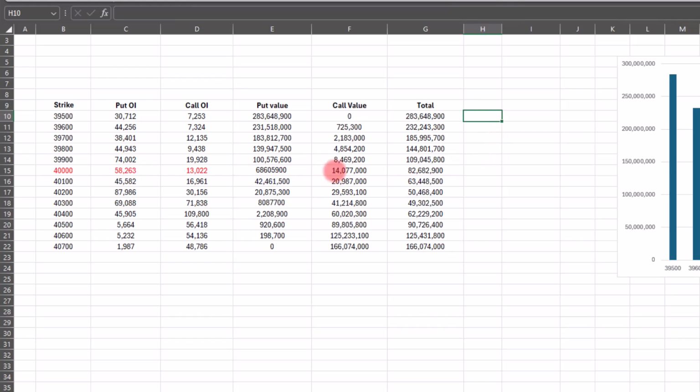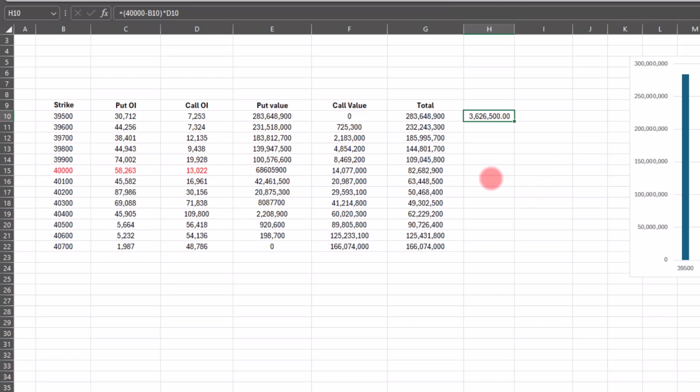So if the market's at 40,000 and you've got the 39.5 calls, what are they worth? Well, let's do equals. It's going to be 40,000 minus 39.5, which is 500 points, times this open interest. And that's going to come up to be this number right here. Let's put a comma in there so we can see it, about 3.6 million.